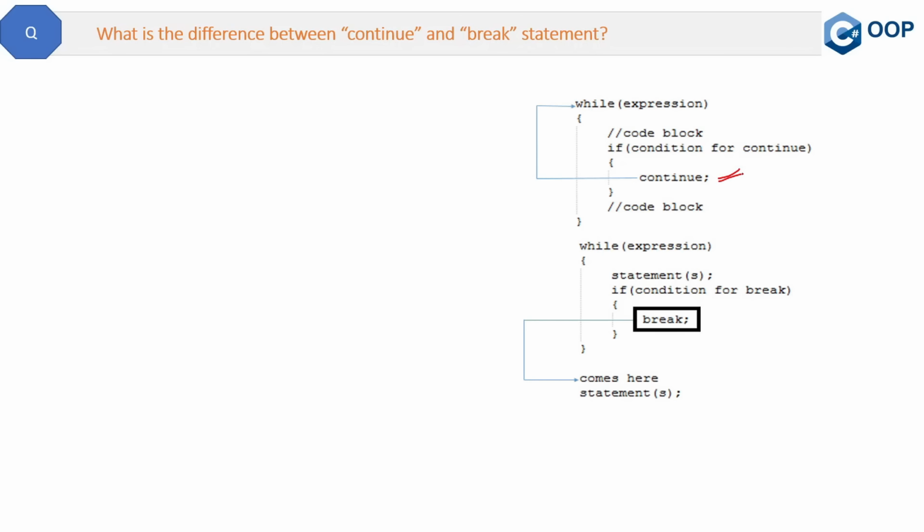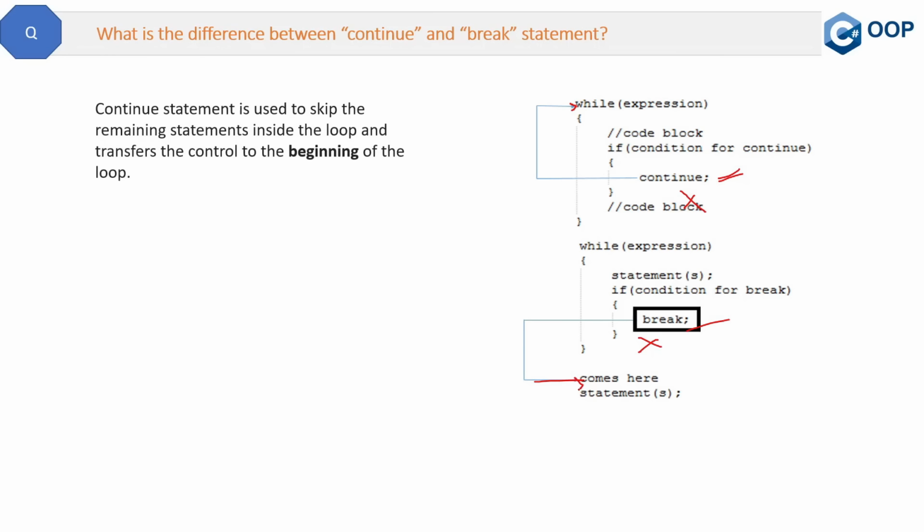So if the code sees the continue here, it will not execute this part and will transfer the execution to the while statement again. On the other hand, if the code finds the break statement here, then it will not execute the remaining part and will transfer the execution out of the loop. So the loop will no longer execute.